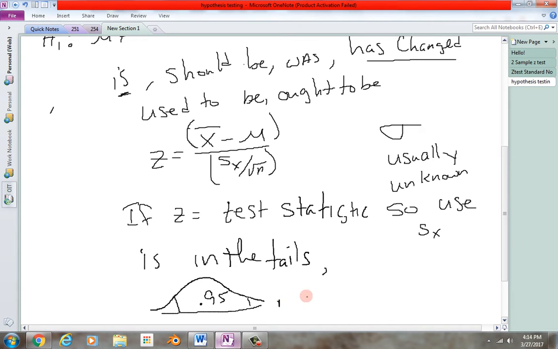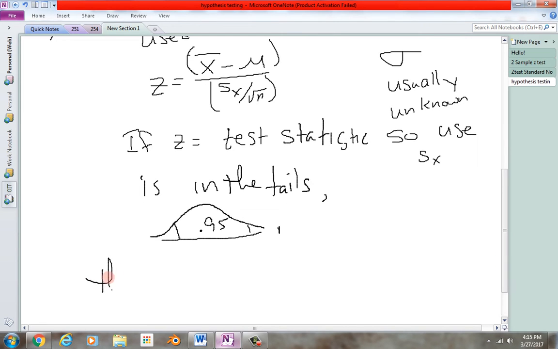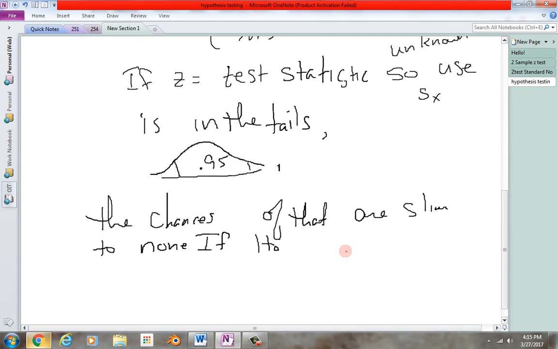The chances of that happening are what? Slim and none. The chances of that are slim to none. This is big if H naught is true.